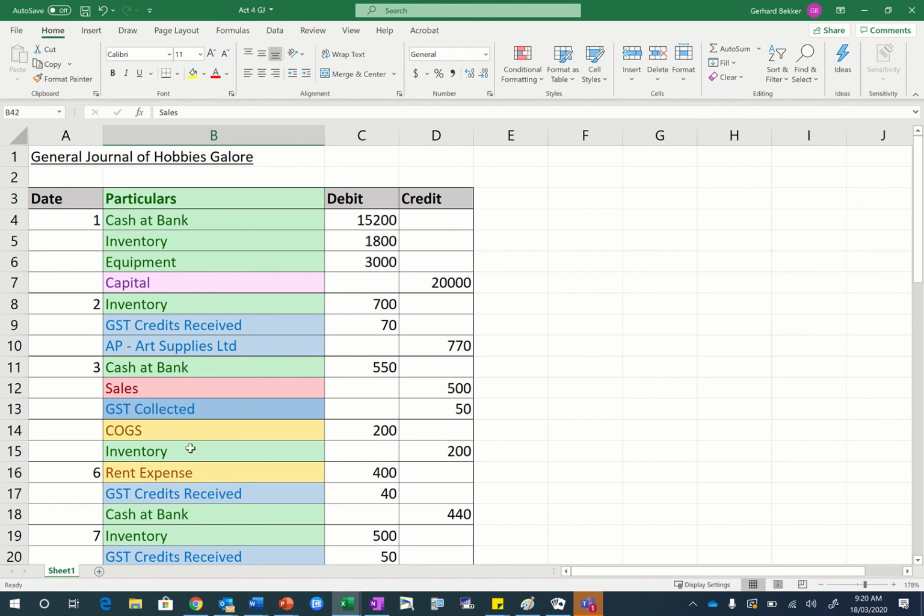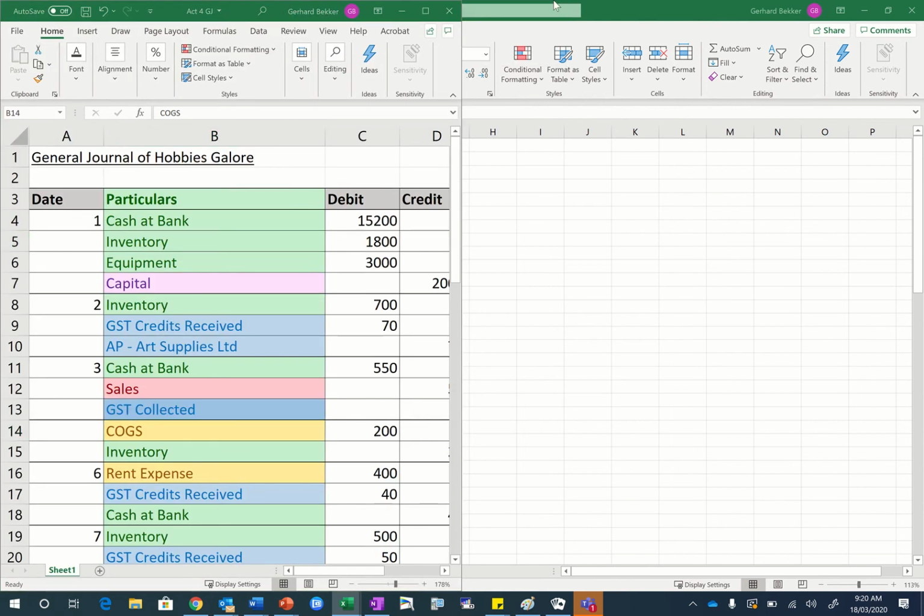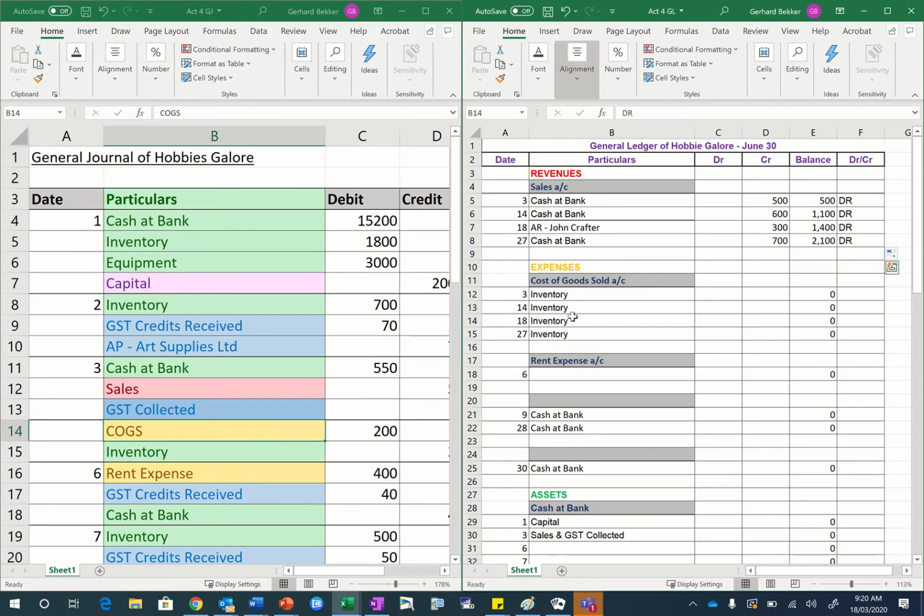So my first expense that I see is COGS. Make sense? So let's just do this again. My next entry is going to be expenses. It's going to be cost of goods sold, as I have it there.